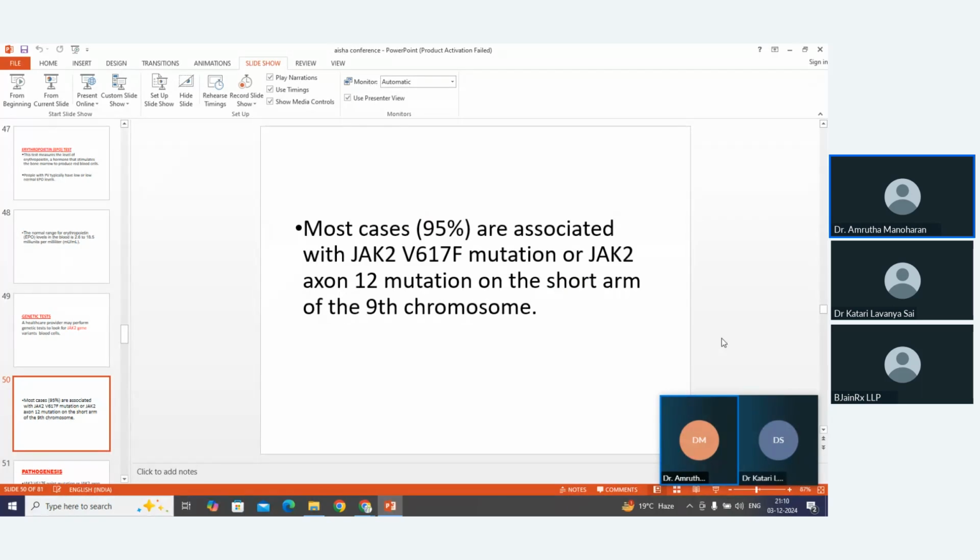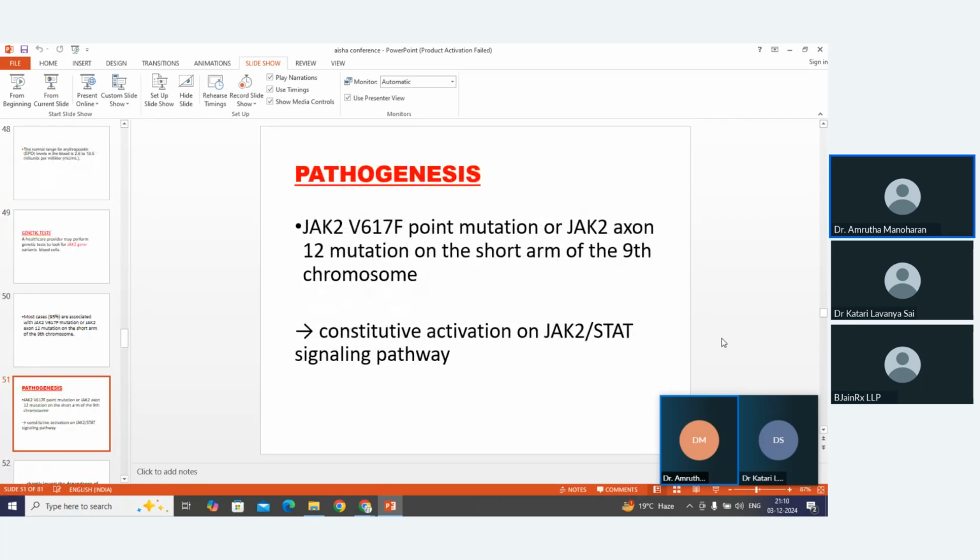The normal erythropoietin level in the body is about 2.6 to 18.5. And the next one is the genetic test, mainly the JAK2 gene. So the main pathogenesis is the mutation of the JAK2 gene.